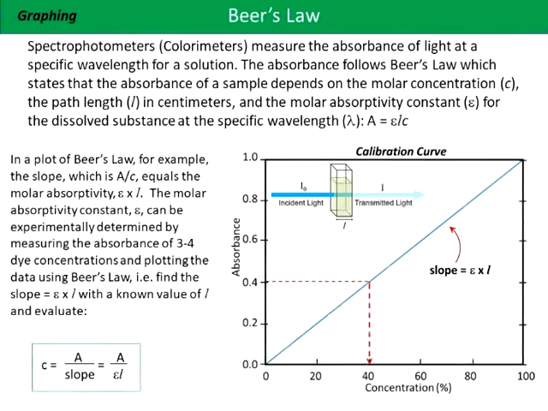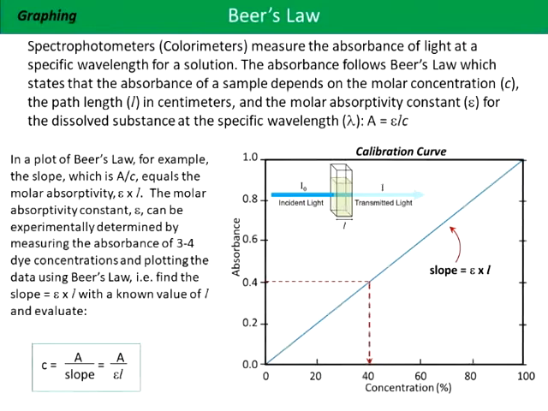In other words, we find the slope, which is epsilon times the path length, and then we can use the known path length to evaluate epsilon or other variables by the equation C equals A over slope equals A over epsilon L, where again C is the molar concentration, A is the unitless absorbance, and epsilon is the molar absorptivity constant for this solution.